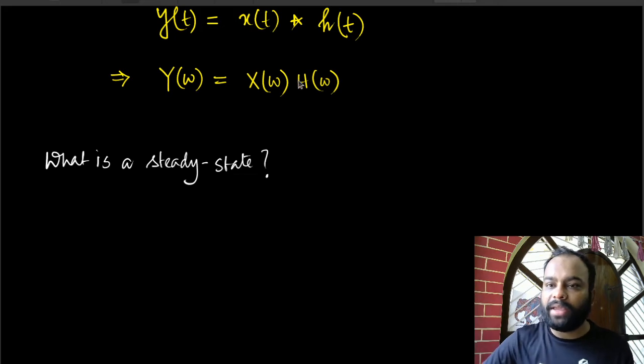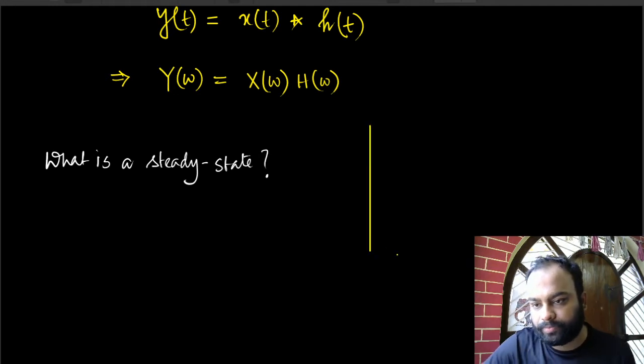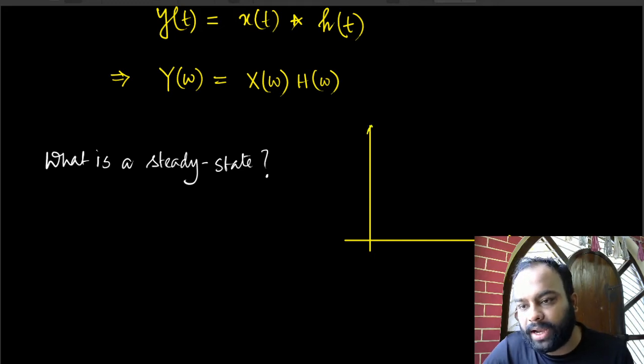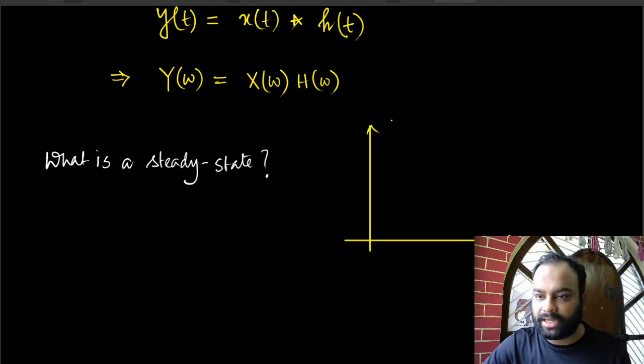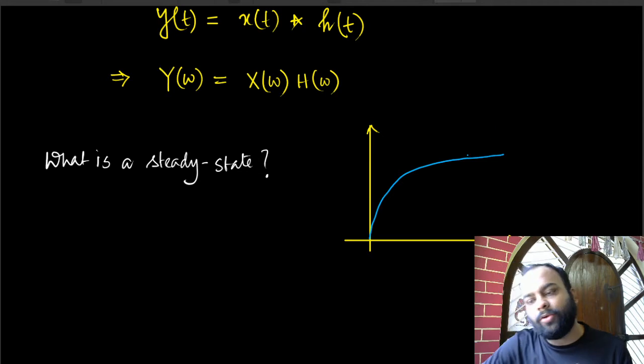Let me give you a very simple, oversimplified example. We talked about the charging of a capacitor in the last class, a series RC circuit, and the voltage waveform looks kind of like that.